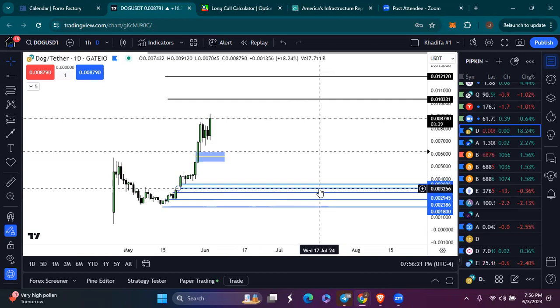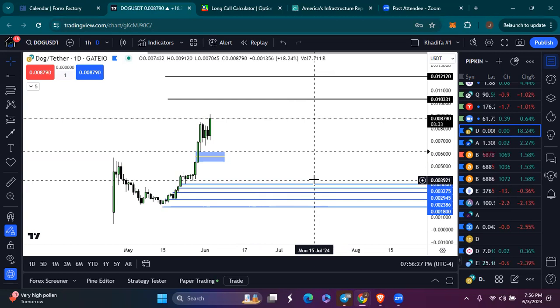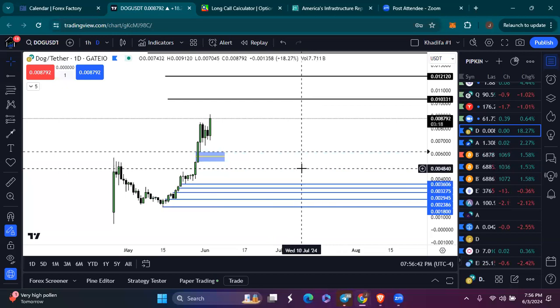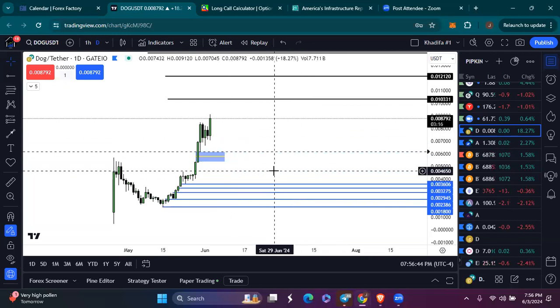Again, this is not financial advice. But I have informed you guys and showed you what my thoughts are, what I'm looking into doing with Dogecoin. And so you can take that information and take what I went over with you tonight and make your own decisions from there.